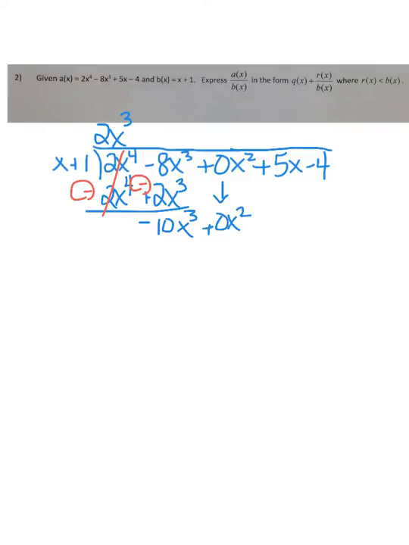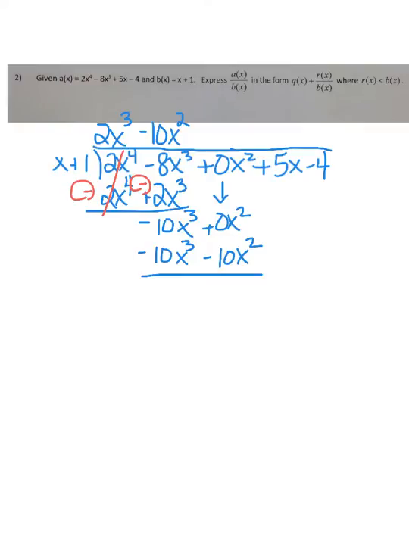All right, so let's try again. So what do I multiply x by to get to negative 10x cubed? And that would be negative 10x squared. Let's distribute that through. So that's negative 10x cubed, and that'll be minus 10x squared.